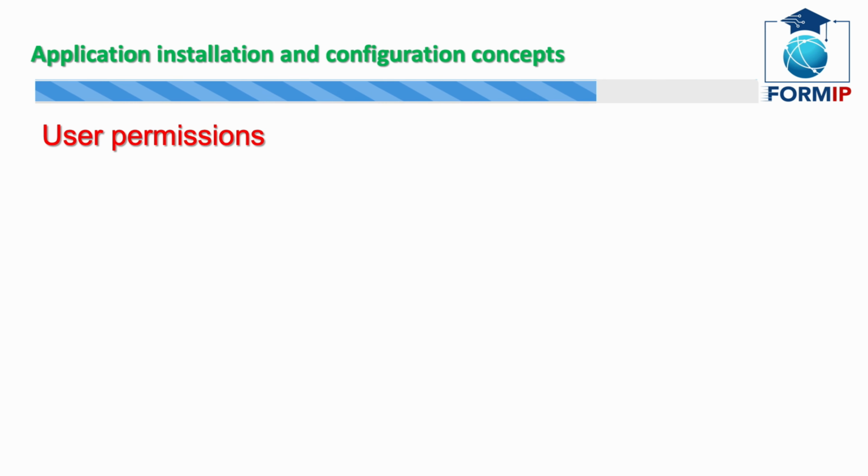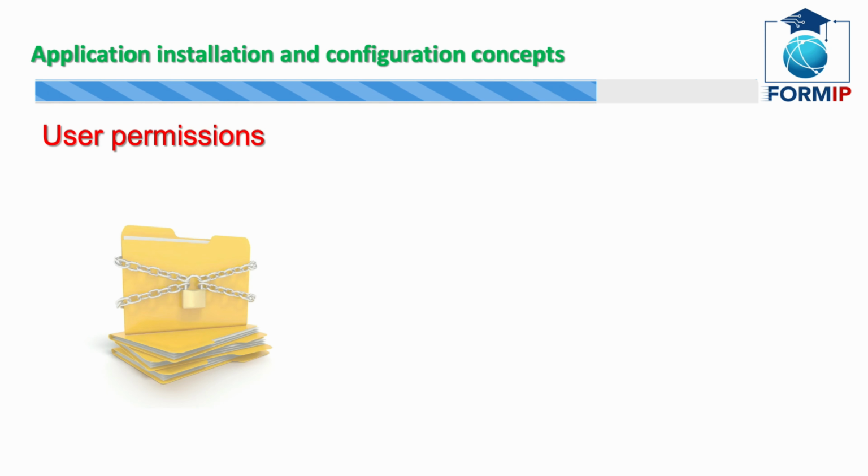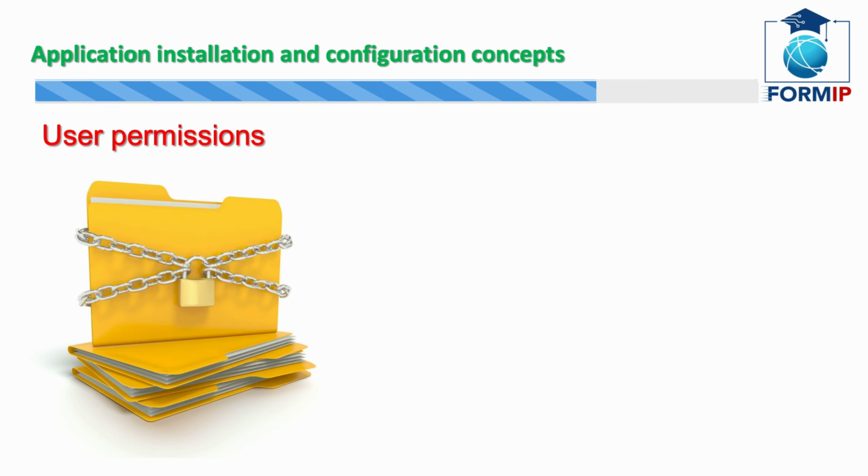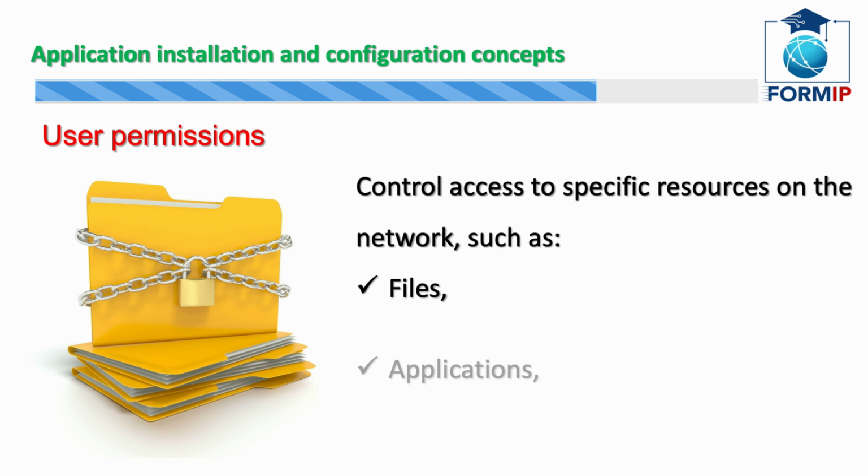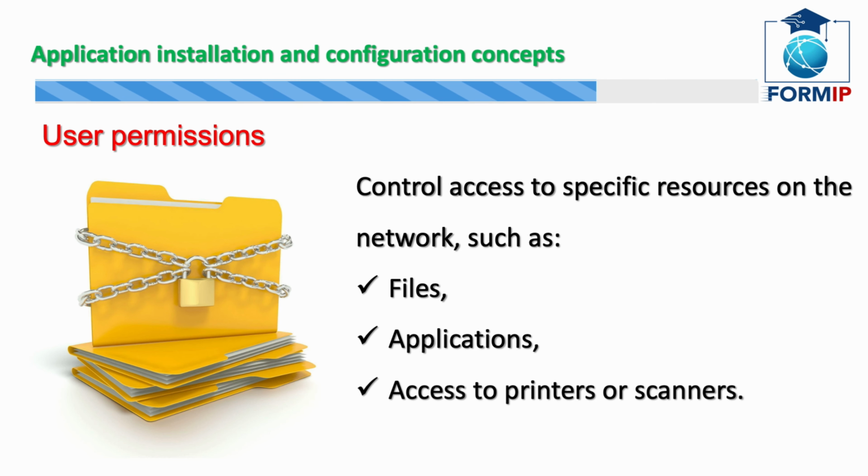User permissions. Let's move on to user permissions. Whether or not you are allowed to copy files on a system is a matter of user permissions. These are logical rules configured by the technician or system administrator. They are used to control access to specific resources on the network, such as files, applications, or even access to printers or scanners.